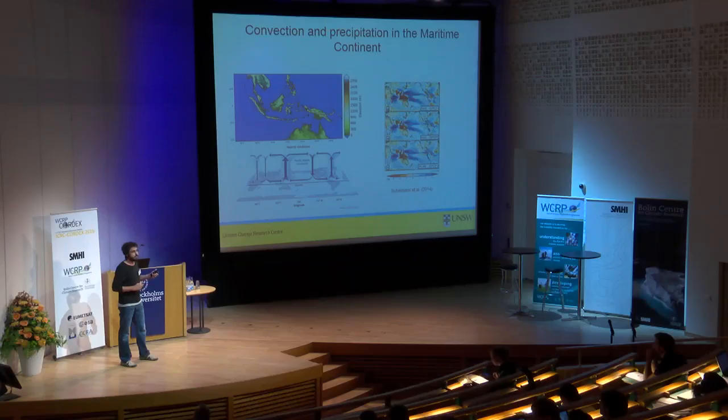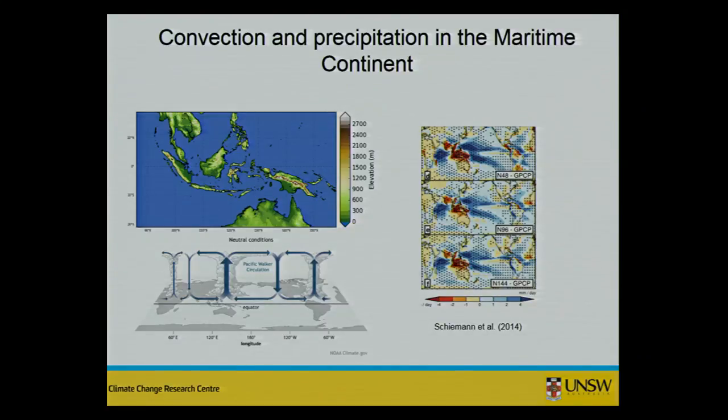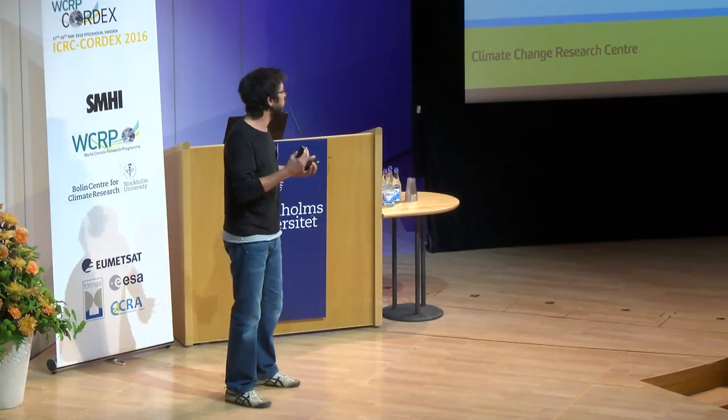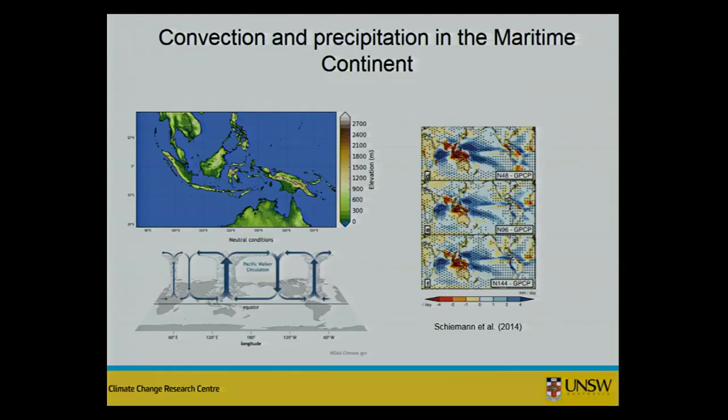The warm waters put moisture into the atmosphere, which is brought up and adds energy to the upper troposphere, and that contributes to the Walker circulation, and so has implications for the large-scale circulation. So the errors that occur in this area also have repercussions at the large scale.